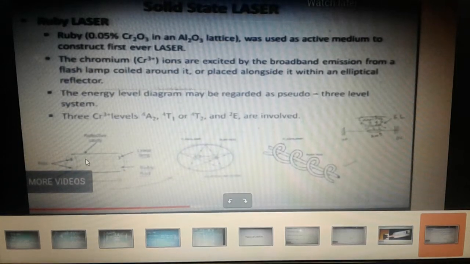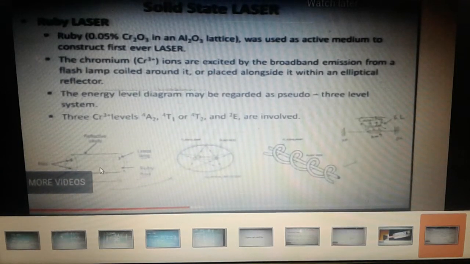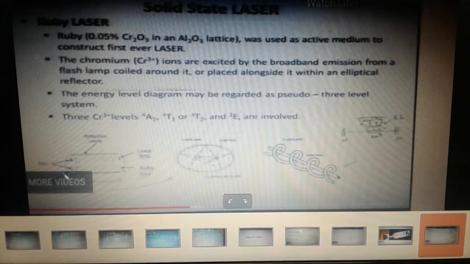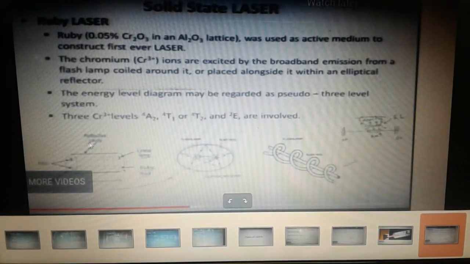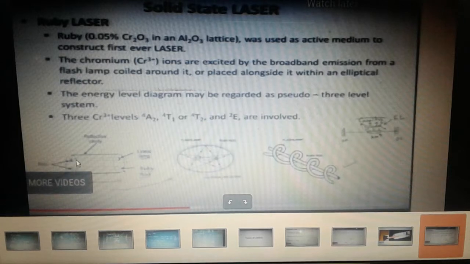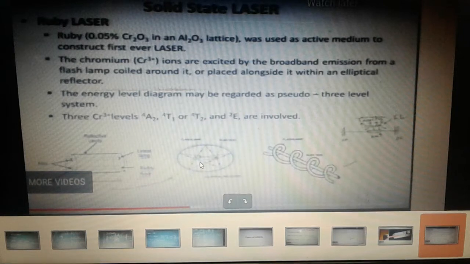This system of ruby rod and the lamp are both enclosed within an envelope of metal, silvered from inside. This is a cylindrical metal enclosure which is silvered from inside. The important point is that the side faces of this cylindrical enclosure are of elliptical shape, where, as you know, an ellipse has two foci.